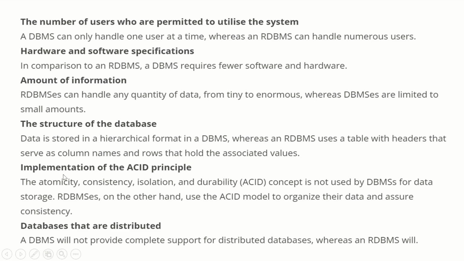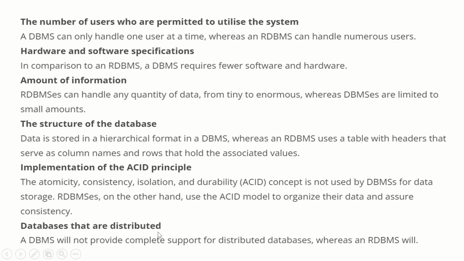The next point is implementation of the ACID principle. The atomicity, consistency, isolation, and durability, that is the ACID concept, is not used by DBMSs for data storage. RDBMSs, on the other hand, use the ACID model to organize their data and assure consistency.